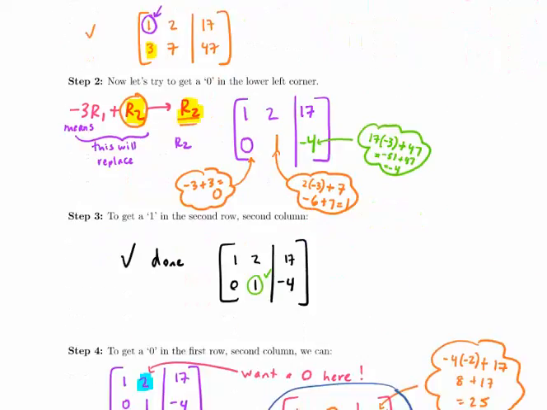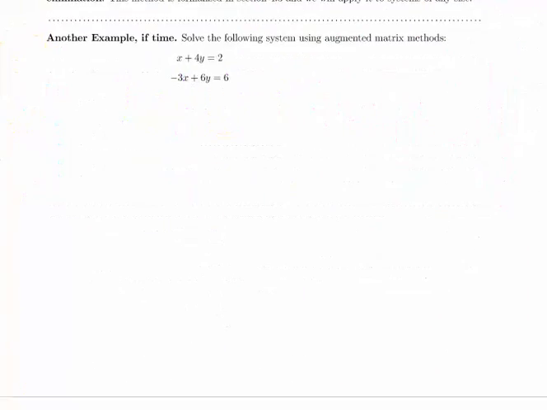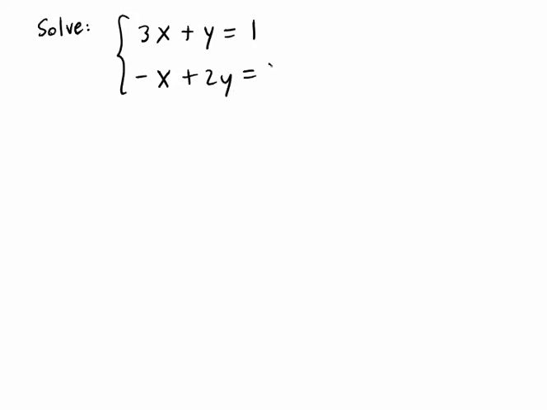I'll show you another example. The example I have next I think is a little ugly, so I'm going to choose a different one. So let's try to solve 3x plus y equals 1 and -x plus 2y equals 9. There is a way, obviously, if you use 4.1 methods, to use substitution or elimination, but the whole goal is to get comfortable with these matrices.